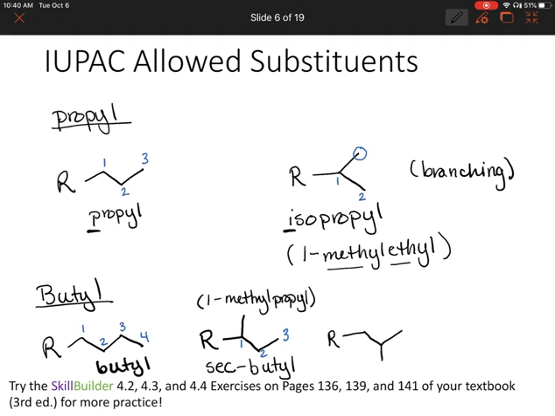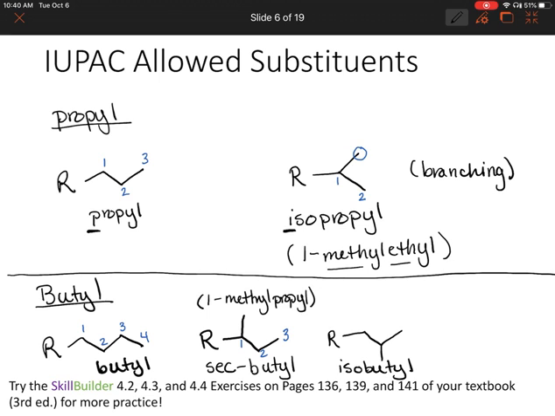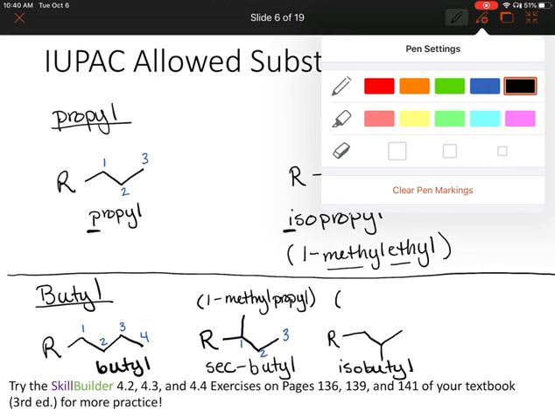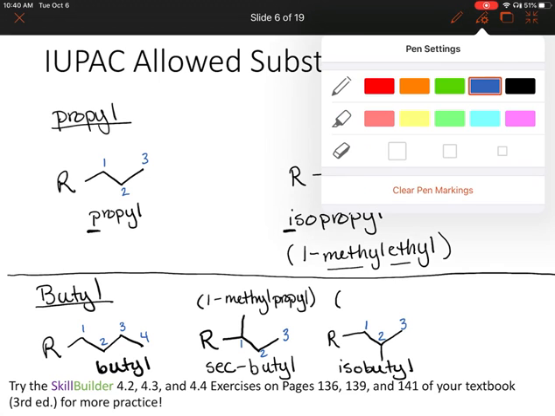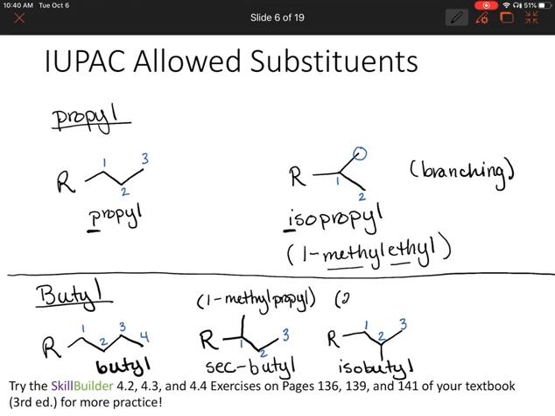This could be called isobutyl. So the methyl group is on the second carbon, and I'm actually going to draw a line here. So we could also call this, let's number our longest chain, 1, 2, 3, and then we have a methyl group coming off of carbon 2. So this would be 2-methyl propyl.